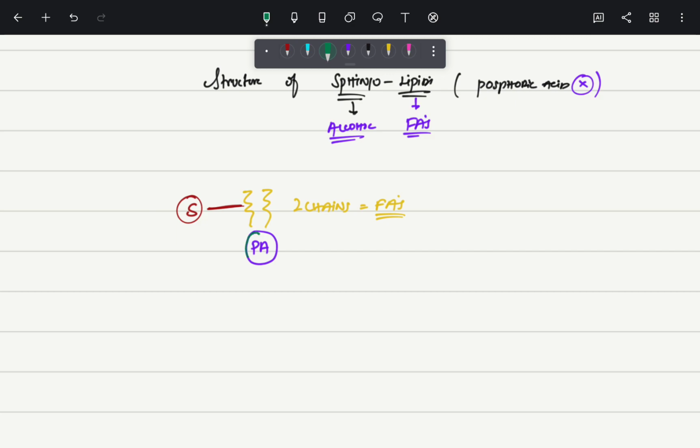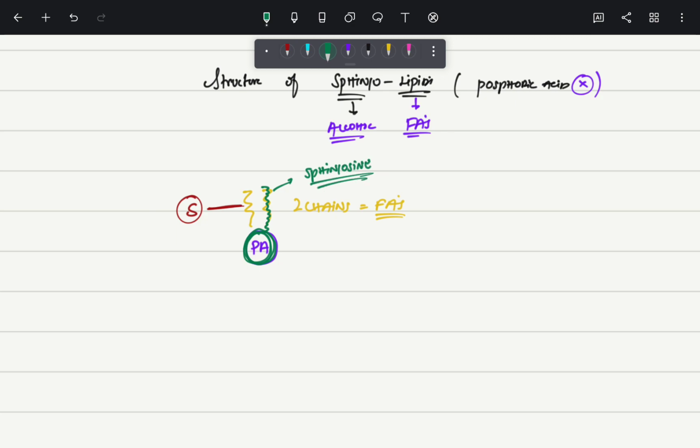This phosphoric acid will get esterified, and there will be formation of your sphingosine.